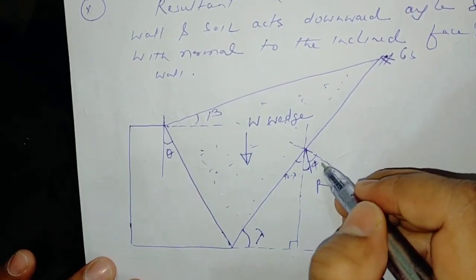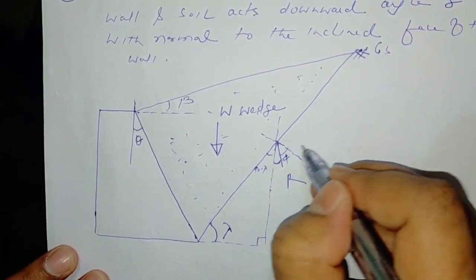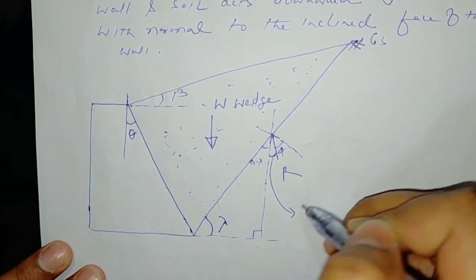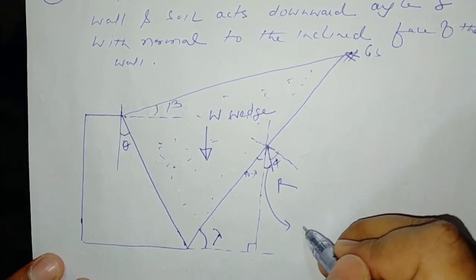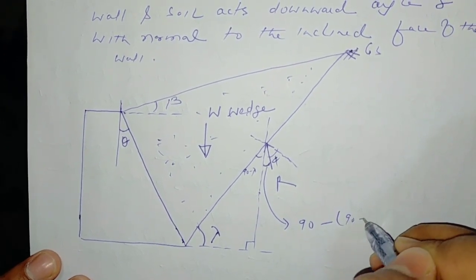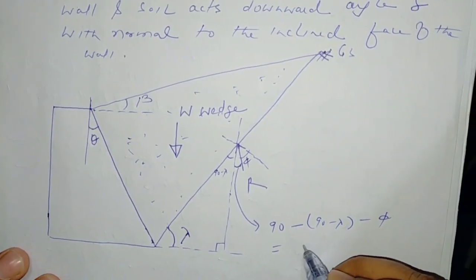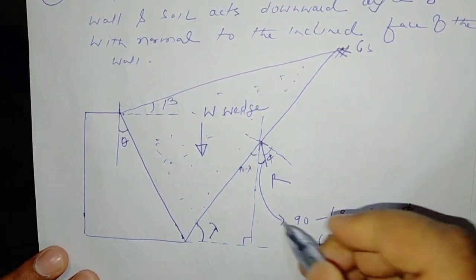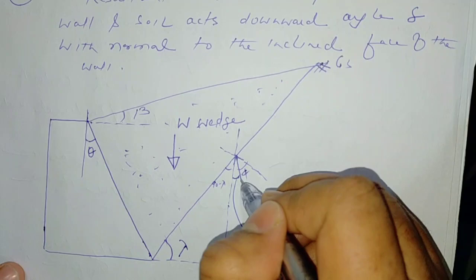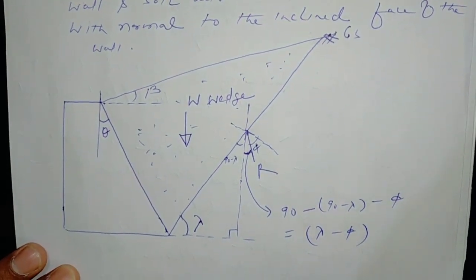The total angle is 90 degrees, so this angle is 90 minus (90 minus lambda) minus phi, so it comes to lambda minus phi. So the reaction is acting at an angle of lambda minus phi with the normal.